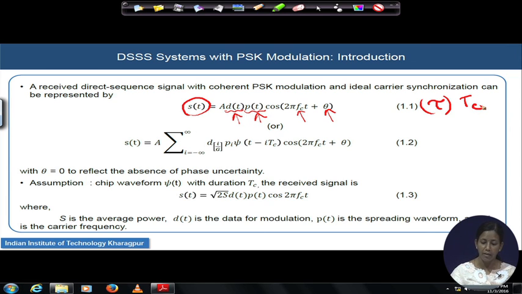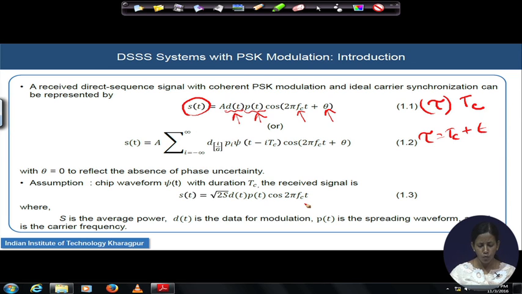If it is not, if τ is not an integer multiple but Tc plus some epsilon, which we have already seen in the first module, then the transmitted signal will look like this. We have discussed it earlier. And if we assume that this θ value is equal to 0, so there is no phase uncertainty inside the received signal, we can omit the presence of θ in the received signal.